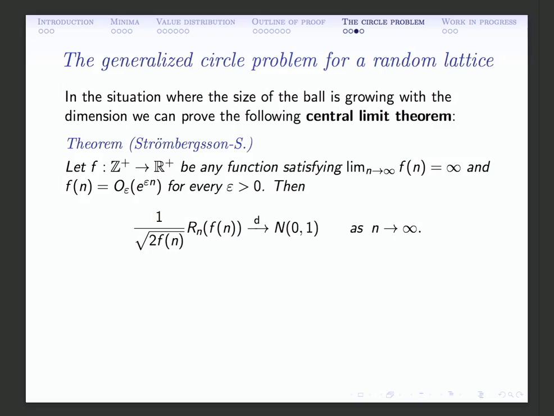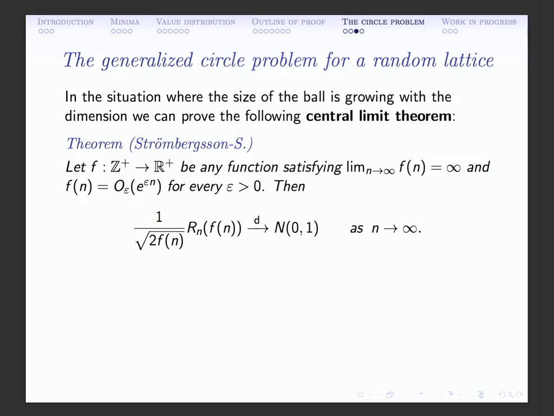Then we have this central limit theorem-like result, so that the error term in the circle problem at fn, where the fn's grow with dimension, if you normalize them correctly by the square root here, you approach a normal distribution in the limit. So in terms of distribution, at least this means that we can control the remainder term of the circle problem as long as the balls don't grow too fast.